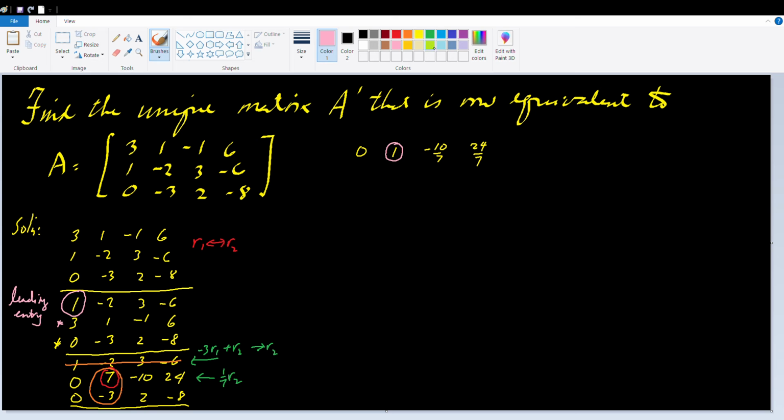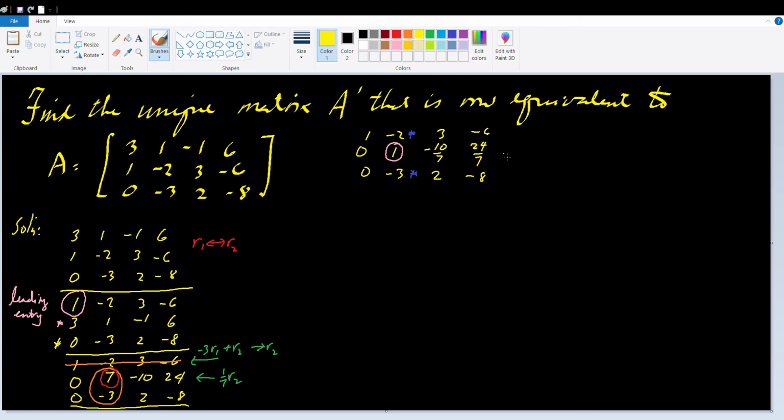So let me rewrite the elements of the first and the third row: 1, negative 2, 3, negative 6, 0, negative 3, 2, and negative 8. So these entries must turn into 0.